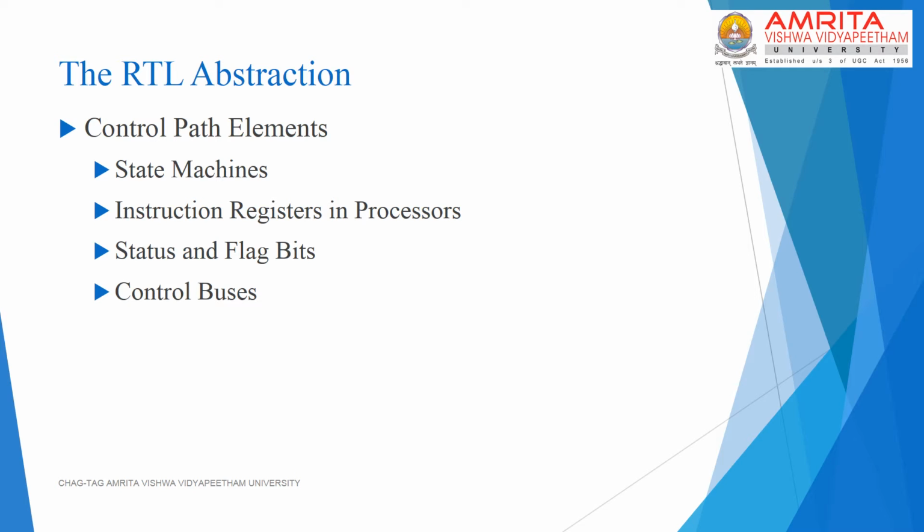For instance, when an instruction such as an add instruction is executed, the select lines for determining the source registers for the operands of the add instruction will be generated by the control path based on the opcode of the instruction. And also the select lines for determining the destination of the outcome of the add instruction will also be generated from the control path.